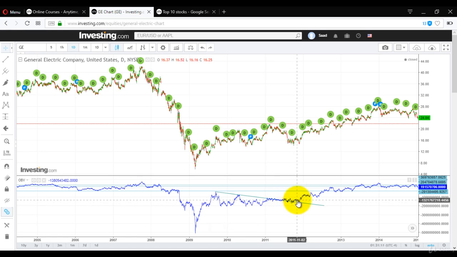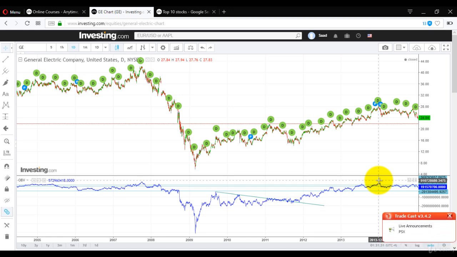And it remained a lost cause until it came back up. And right here, once it crossed this high at 21, it made newer highs of 27, 33% up. So the learning point is understand it.